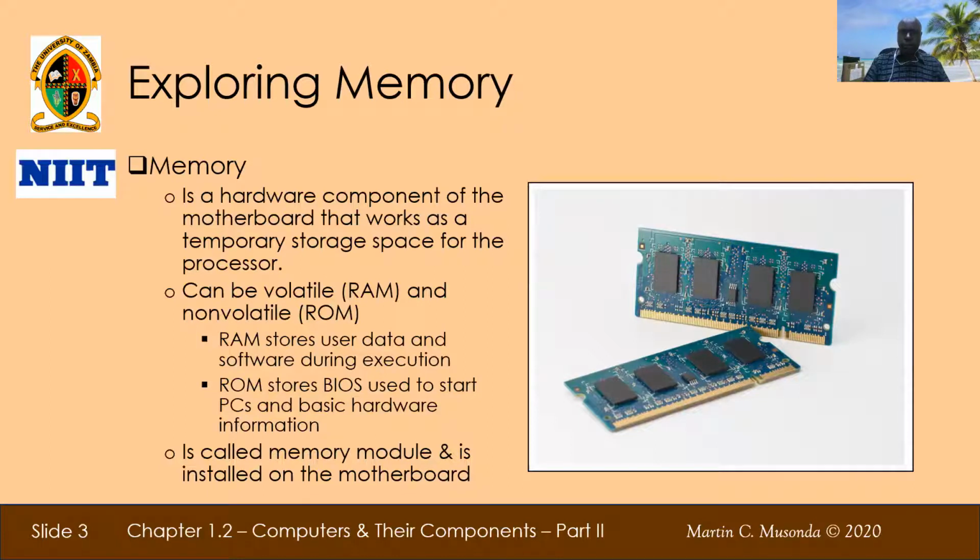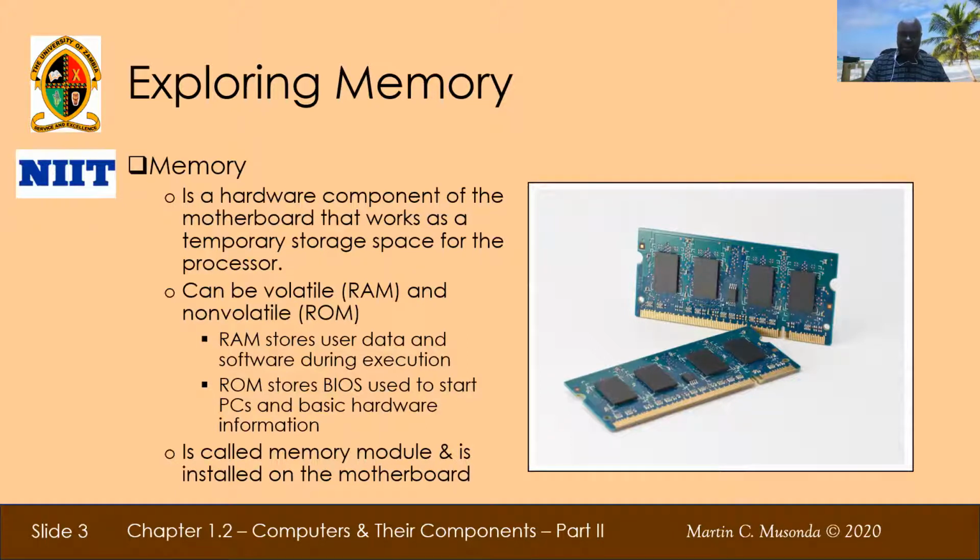So RAM is volatile. It loses its content when power supply is removed. ROM is read-only memory. It will return its data even when power is turned off.